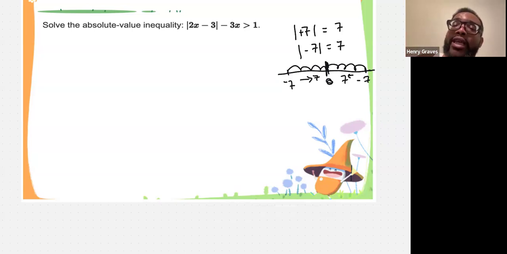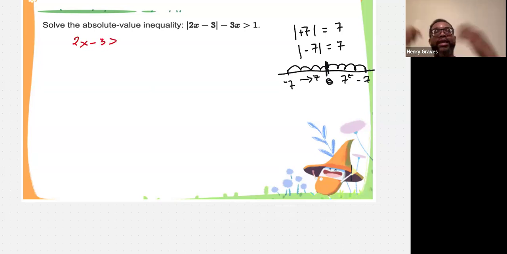So I'm going to do my first case here in red, my second favorite color. My absolute value, I know, is 2x minus 3 greater than or equal to 0. So I can actually solve this.